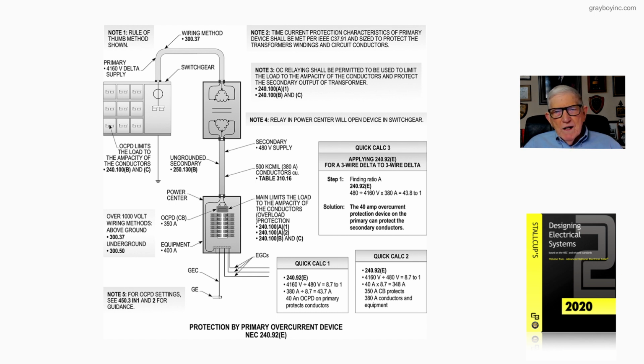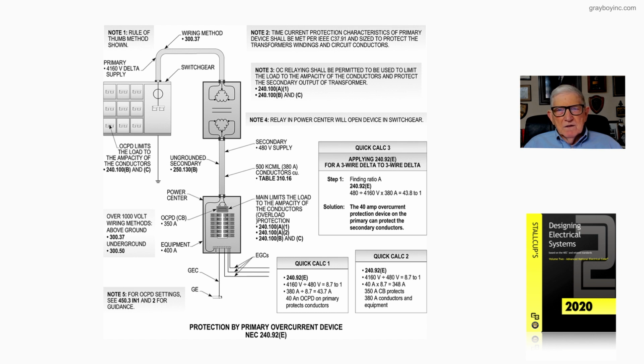Note 4: the relay power center will open the devices in the switchgear. And then finally, note number 5 in the illustration states that for overcurrent settings of the overcurrent protection device, see 450.3 informational notes 1 and 2 for guidance.